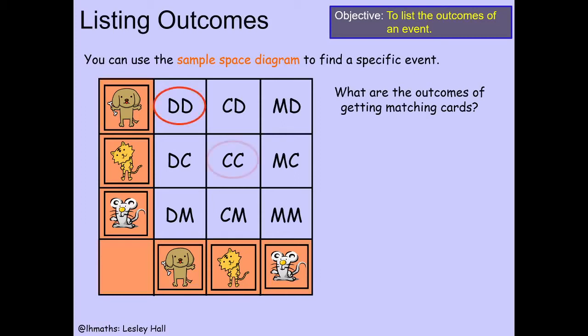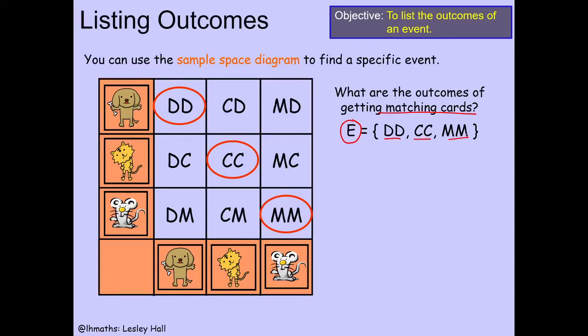A dog, dog, a cat, cat, and a mouse, mouse. Meaning, parehas ang first card and second card. So, I'm gonna be writing there a specific event. Take note, I'm not using the letter S now. I'm using the letter E because we are given simply getting matching cards. That's a DD, a CC, and an MM.